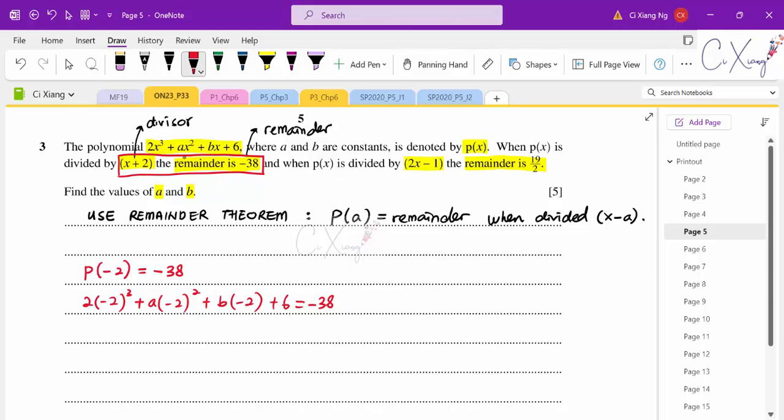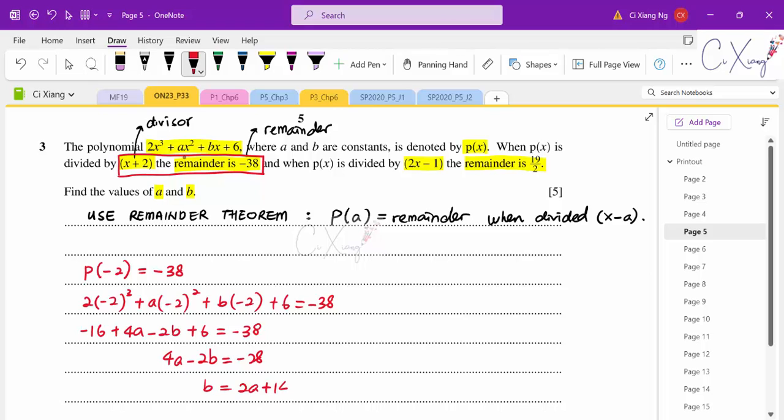Do a little bit of calculation here. You're having -16 for the first term, 4a for the second term, -2b for the third one, and also +6 equals -38. From this part, if you simplify all your terms, you have 4a - 2b = -28. Further simplify, you are having b = 2a + 14.